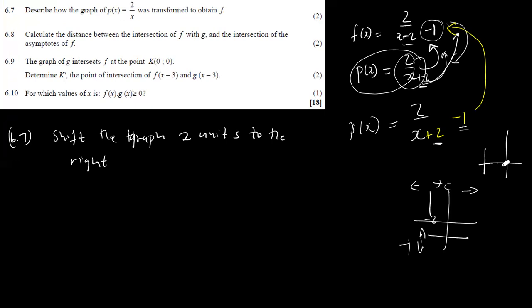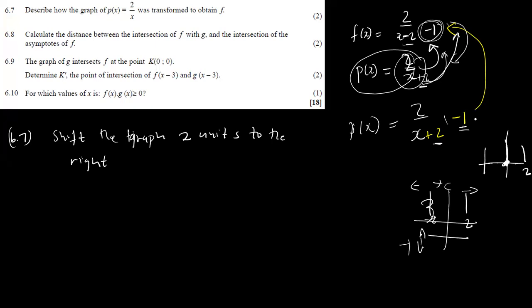So from here to here, we shift 2 units to the right. That means it was 0, but now it became positive 2. So it was still fine. We moved 2 units to the right. Our asymptote was here at the origin, so we shifted it 2 units to the right. That's why we shift the graph 2 units to the right. And look at this one. There it's 0, and we have 2.